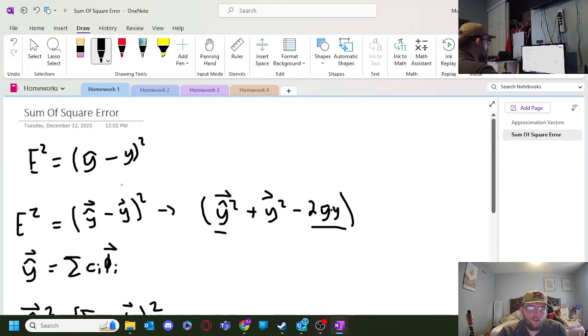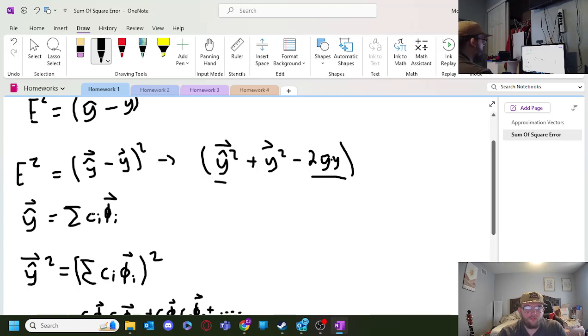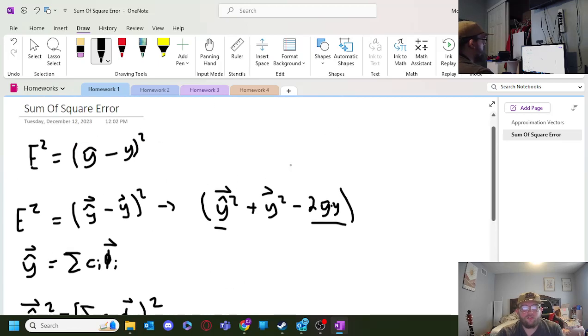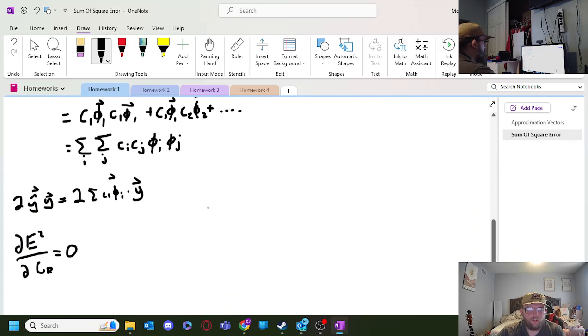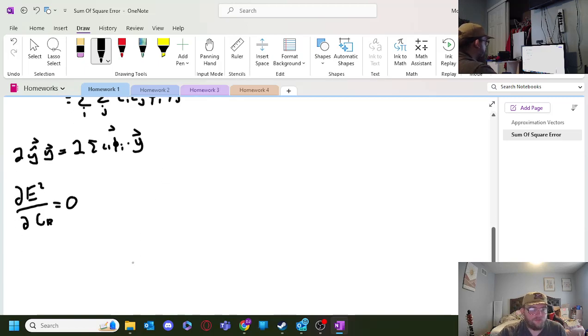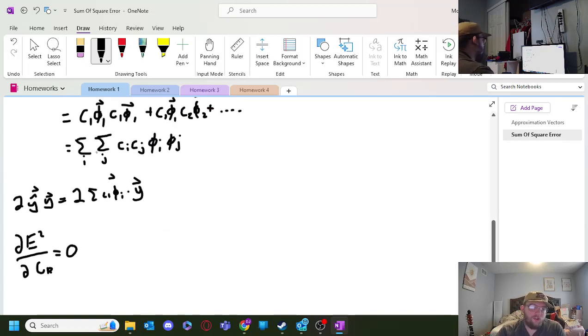So now, let's go through this term by term, starting with our y model squared, so this one here. There are 3 different cases we have to think about.